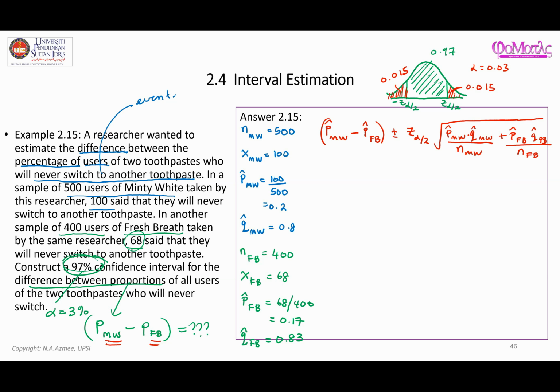Okay, so next we're just going to plug in the values. So this one here is 0.2, so 0.2 minus 0.17.